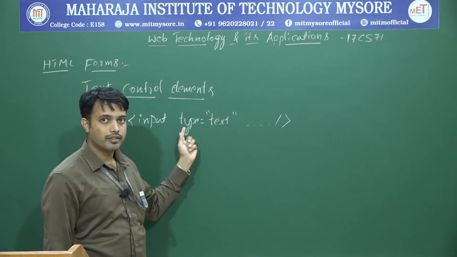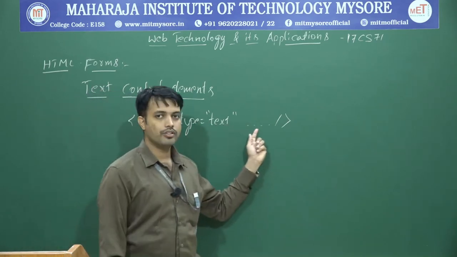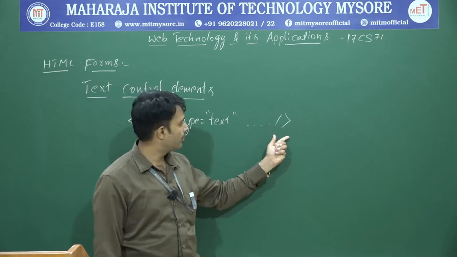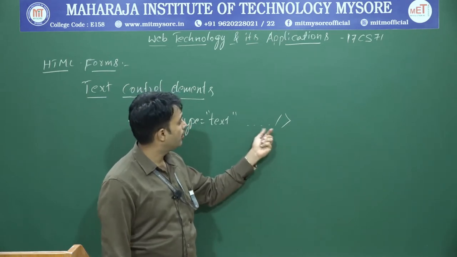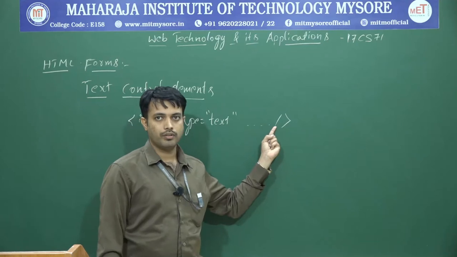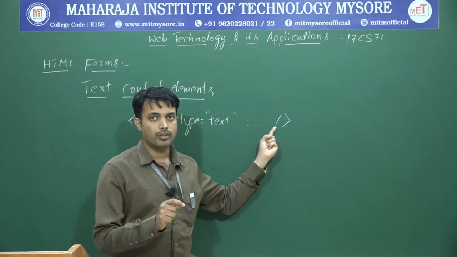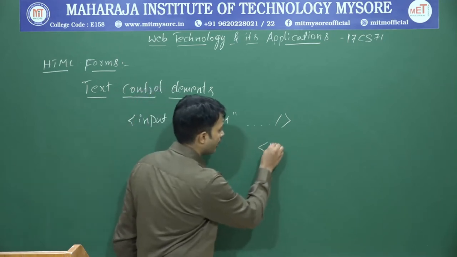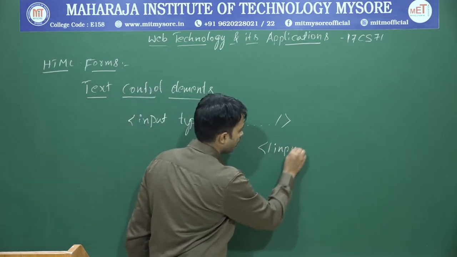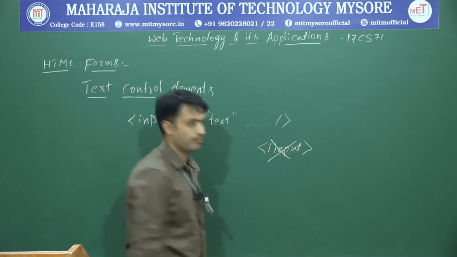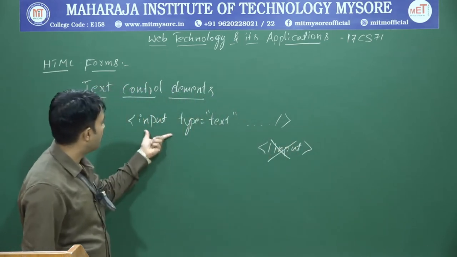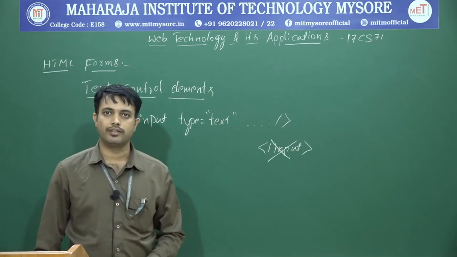Continuing, we have many other attributes, which I will discuss with the example. Next I have to close it here itself. We don't have a closing tag for input. So this is the syntax in order to read a single line.